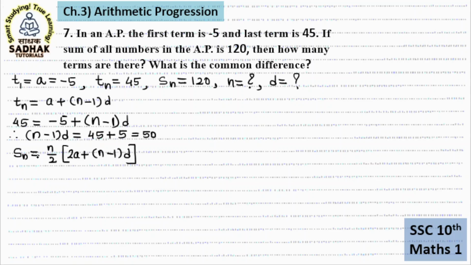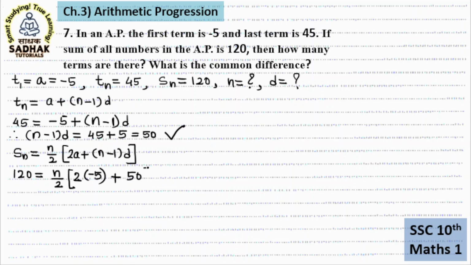So we can substitute all this. Sn is 120. n upon 2 we will write as it is because we don't know the value of n. 2a will be 2 multiplied by minus 5 because the value of a is minus 5, plus (n minus 1)d, which is 50.